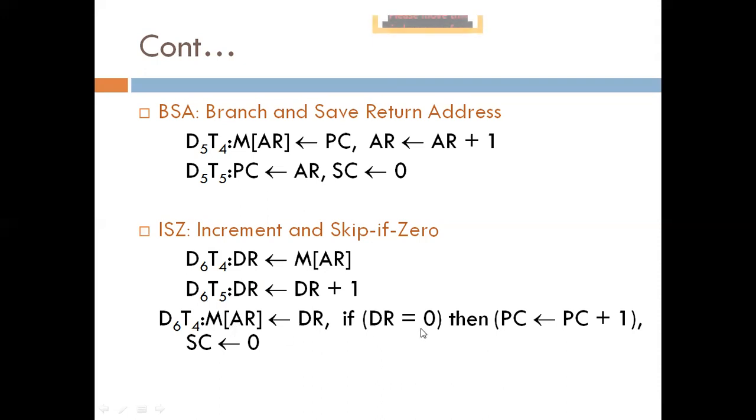If DR is equal to 0, then program counter is equal to program counter plus 1. That means if the DR is equal to 0, then the program counter is going to increase, and if DR is a non-zero value, then it is not going to increase. So, increment and skip if 0.